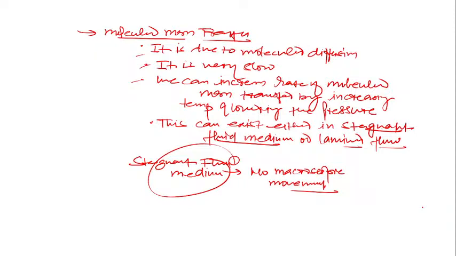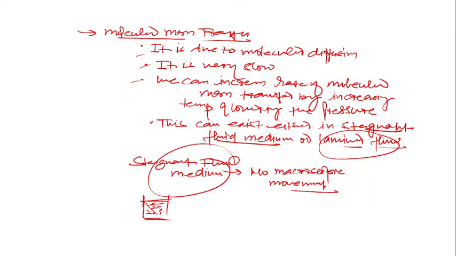Actually the bulk is stagnant. An example of a stagnant fluid medium is water placed in a glass. Why? Although all the molecules are moving at the molecular level, as a whole, at the macroscopic level, you find no movement in the liquid. That is called a stagnant fluid medium. So the areas in which molecular mass transfer prevails are stagnant fluid medium or laminar flow.